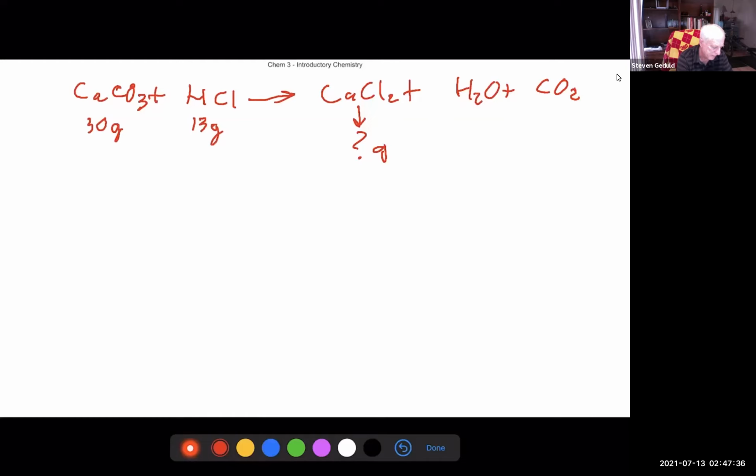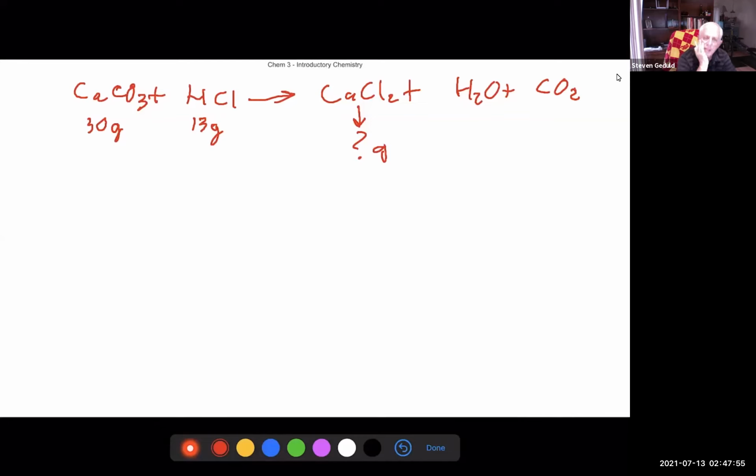Okay. Perfect. So we're mixing two things together. We got to find out which one runs out first. Just like we're making our sandwiches, right? Okay, we have a limiting reagent here. So let's figure it out.